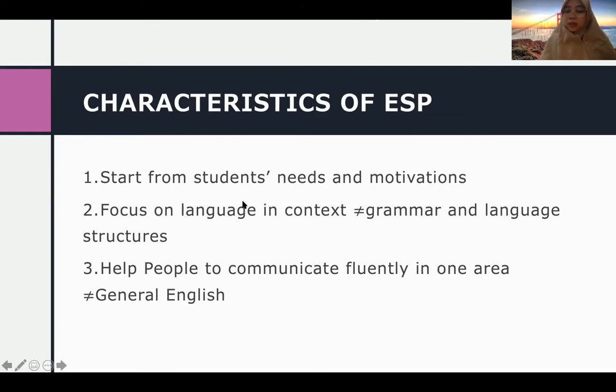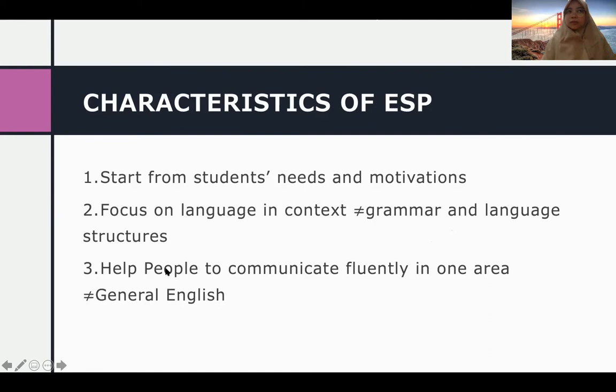And since the focus is language and context, we as teachers do not focus on grammar and language structure. Perhaps we can teach this as additional material, as long as the main goal of ESP can be achieved.